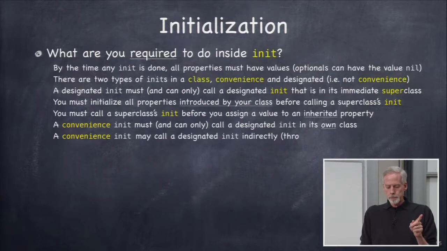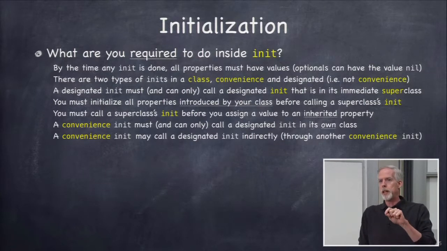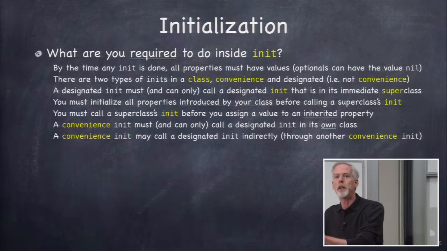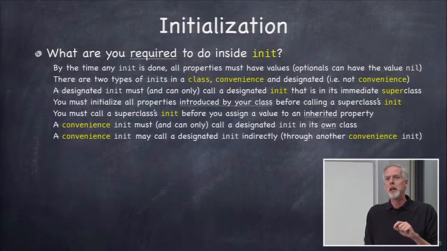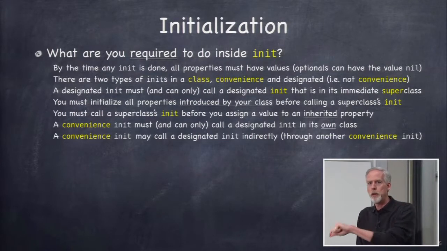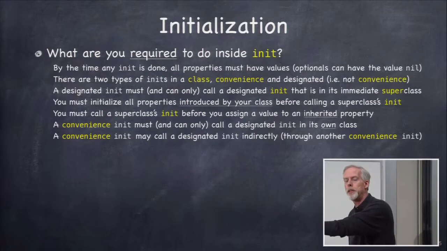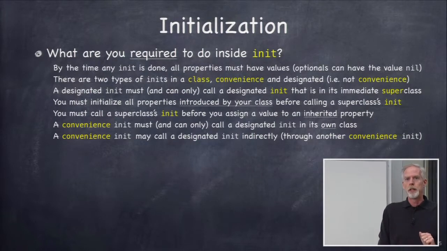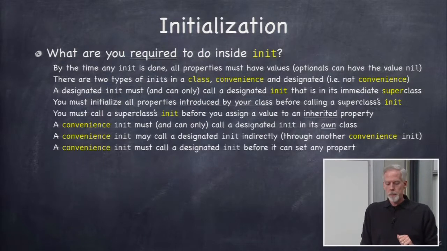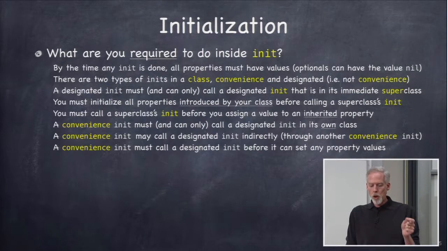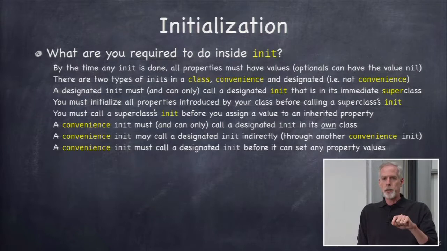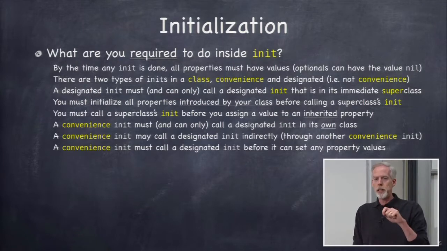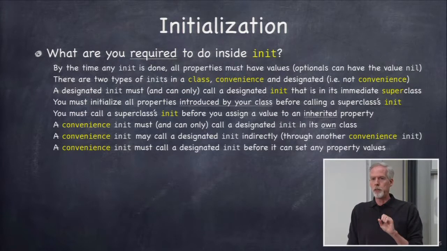It can call that designated initializer indirectly through another convenience initializer. One convenience initializer could call self.init on another convenience initializer, which could call a designated initializer, but eventually a designated initializer must be called. A convenience initializer must call that designated initializer, directly or indirectly, before it can touch any values, obviously.